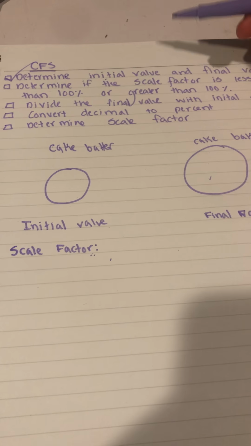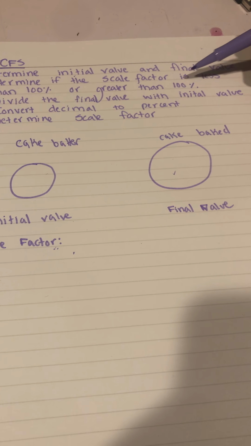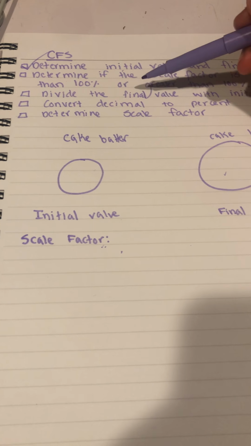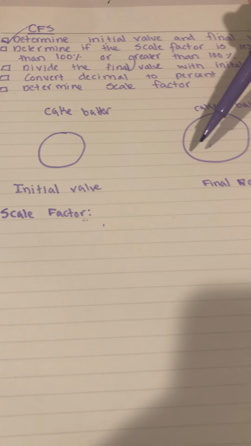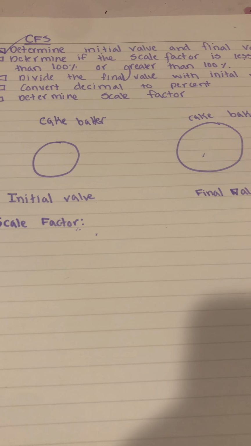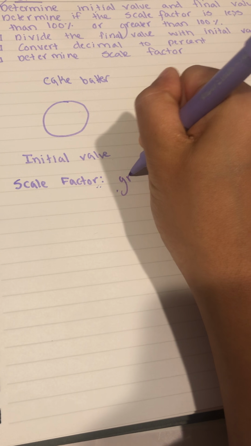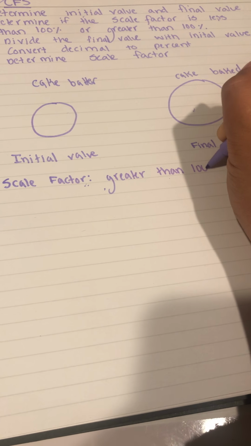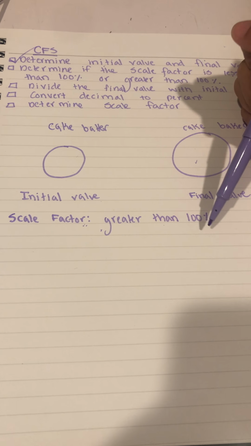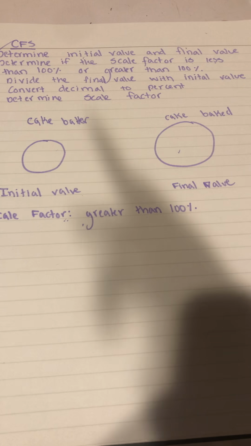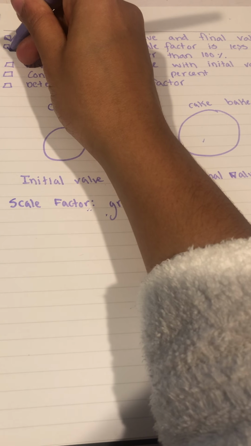Great. Now, determine if the scale factor is less than 100% or greater than 100%. Because in this problem, this cake batter got bigger, I'm going to say that this scale factor is going to be greater than 100%. Okay, so now we're going to check this off.